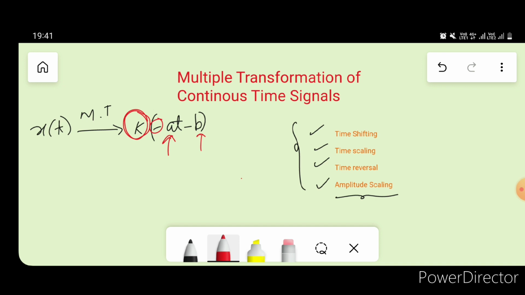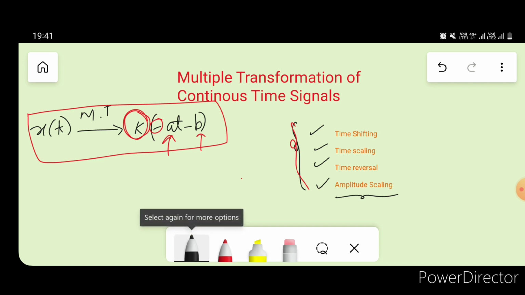So here the signal x(t) has undergone all the kinds of transformation listed. We are going to learn in this video how to achieve multiple transformation in continuous time signal.